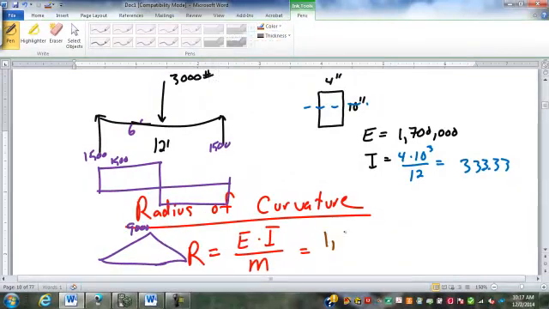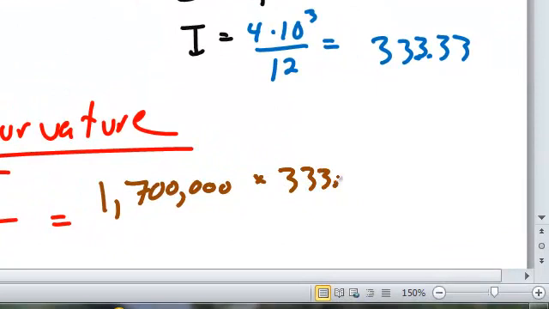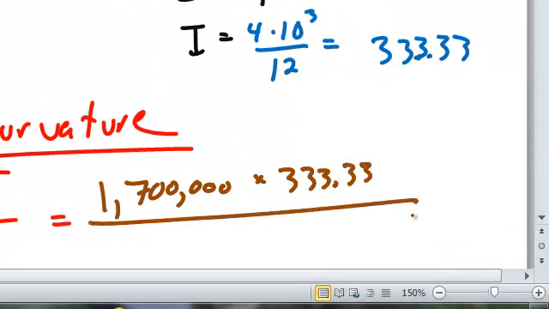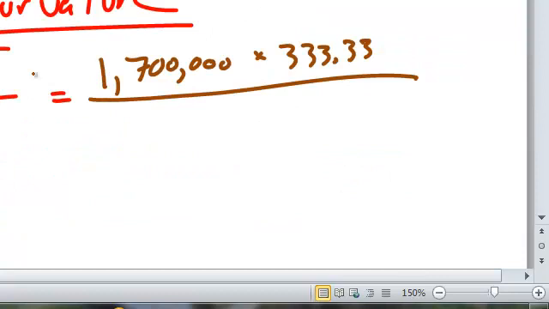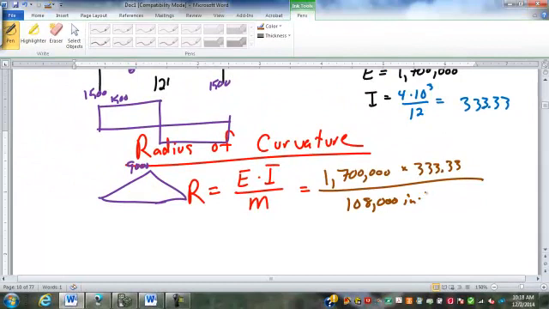So E, 1,700,000, times I of 333.33, over 9,000 foot-pounds, but elastic modulus and moment of inertia are always in inches. So we're going to change that 9,000 foot-pounds to 108,000 inch-pounds.